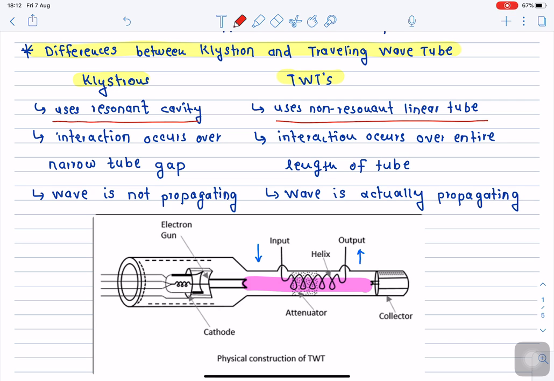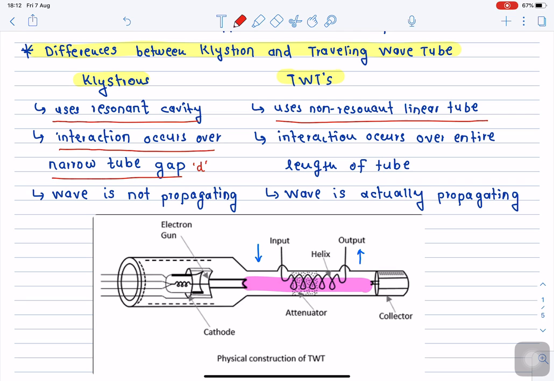The next distinguishing parameter is, in the case of klystrons, we already saw that the interaction is going to occur over a very narrow tube gap. We saw that there are two separate cavities, and these cavities possess a certain gap. If you recall, that particular gap we denoted with small letter d.